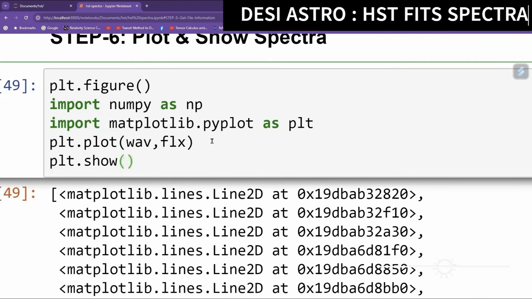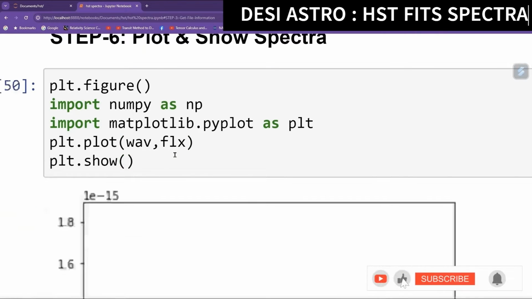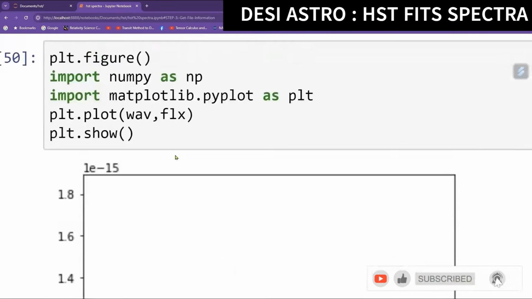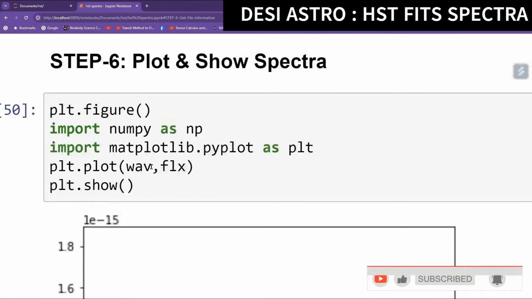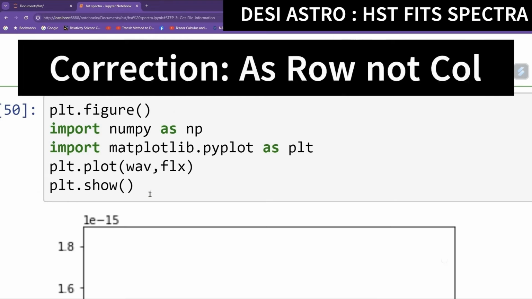You can see that it's not showing, so I will put this data as a column, as a row, and the same for flux also.